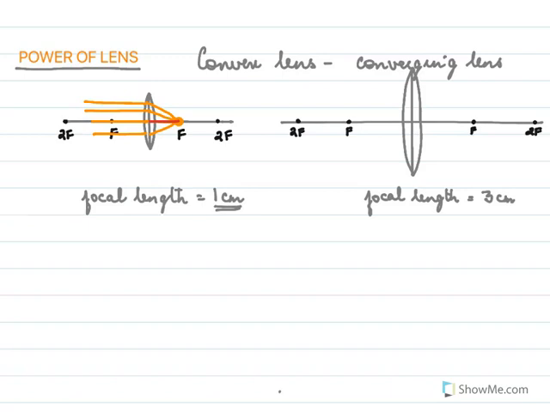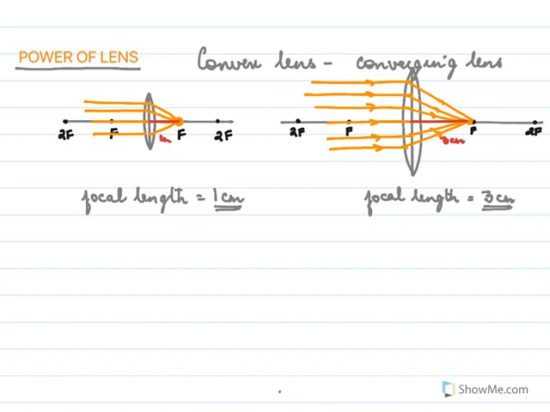But if I take the other lens, here the focal length is 3 centimeters, which means rays that are parallel to the principal axis, after refraction will all come to the focus. They will converge at the focus, but after a longer distance, that is of 3 centimeters. Here they converge within 1 centimeter.